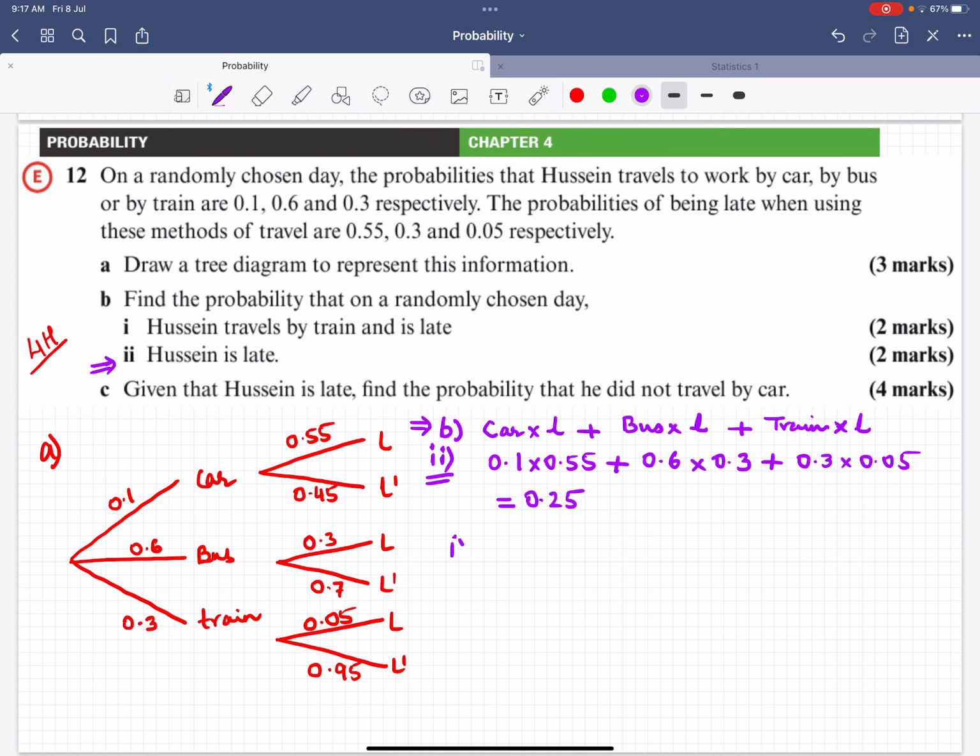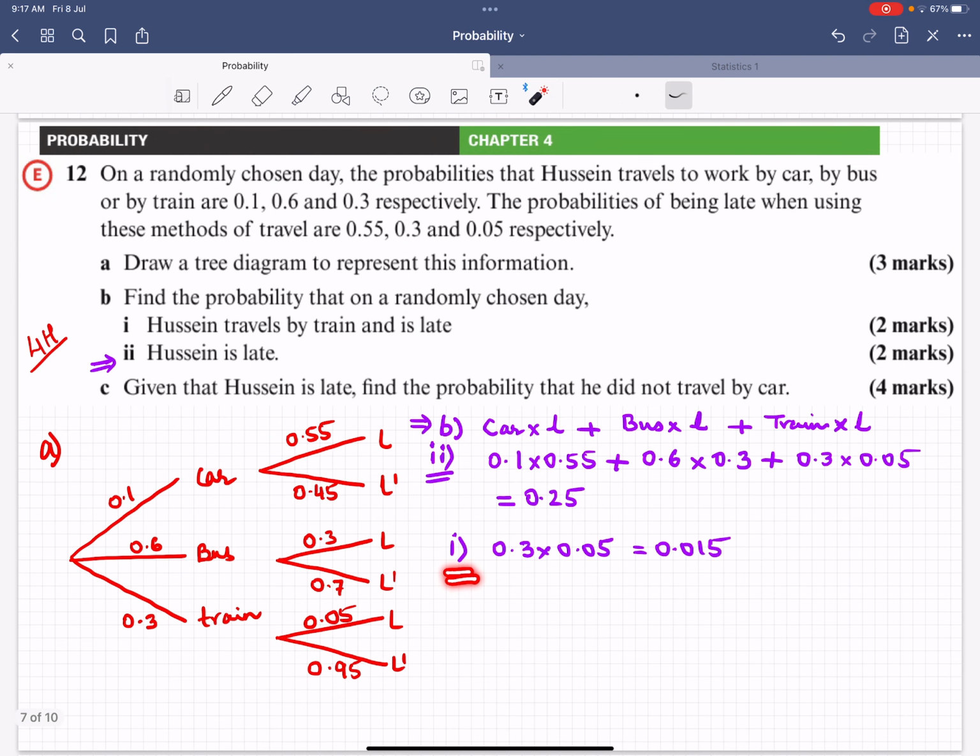Part 1 was to find the probability that Hussein travels by train and is late. So he's traveling by train and is late. So that is 0.3 into 0.05, and that is 0.015. So once again, part 1 I've answered later, part 2 I've answered first.